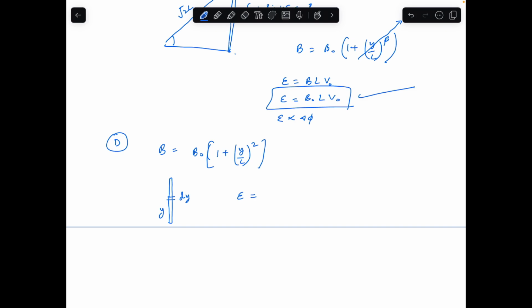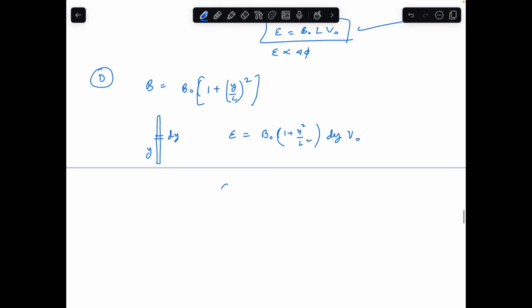So induced EMF will be B naught into 1 plus y square by L square, into dy B L V naught.